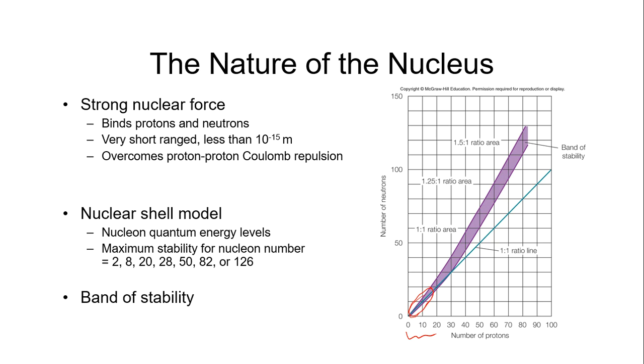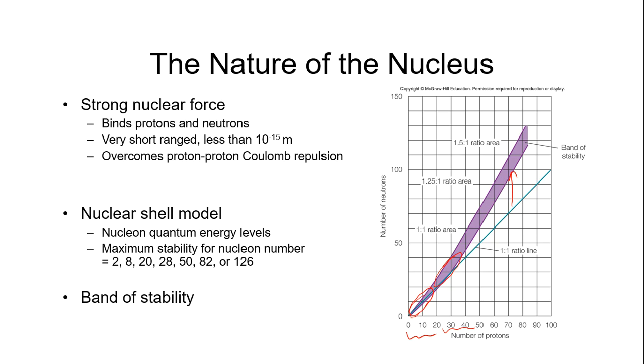But as we start getting to the larger elements, such as iron, iodine, magnesium, those types of elements, you start getting into this region where there are more neutrons than there are protons. These extra neutrons are essential for the strong force to hold all those protons together. And the larger the elements go, the more neutrons you need in order to keep your nucleus stable.